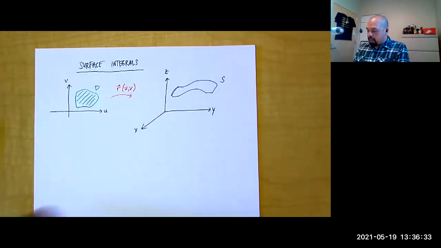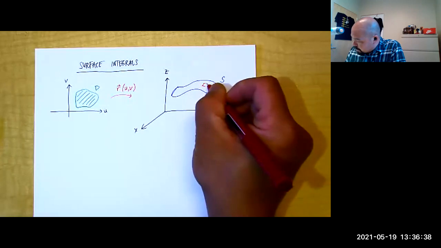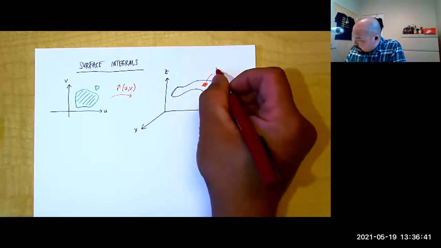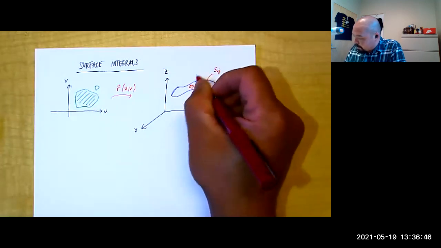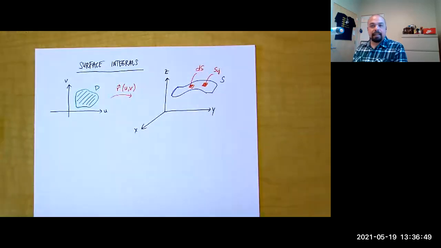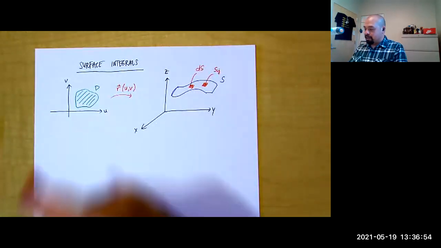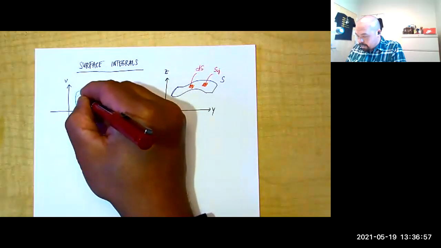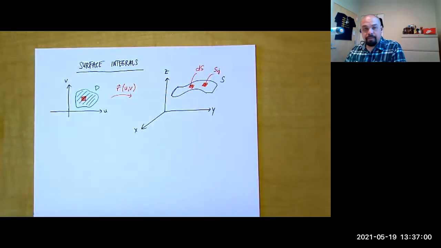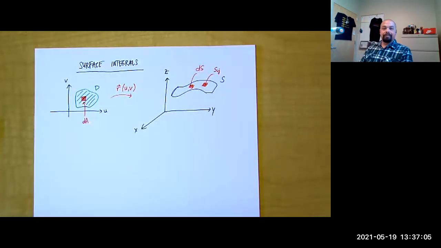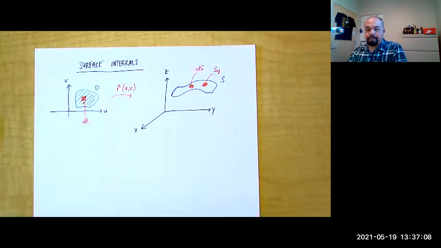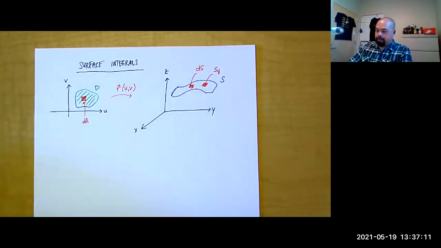Okay, and we had talked about that if we wanted to produce some little S sub ij, this little segment, or I might call it here some little dS, let's say, some little segment of that surface area, we would begin by using some little dA in our parametric space.